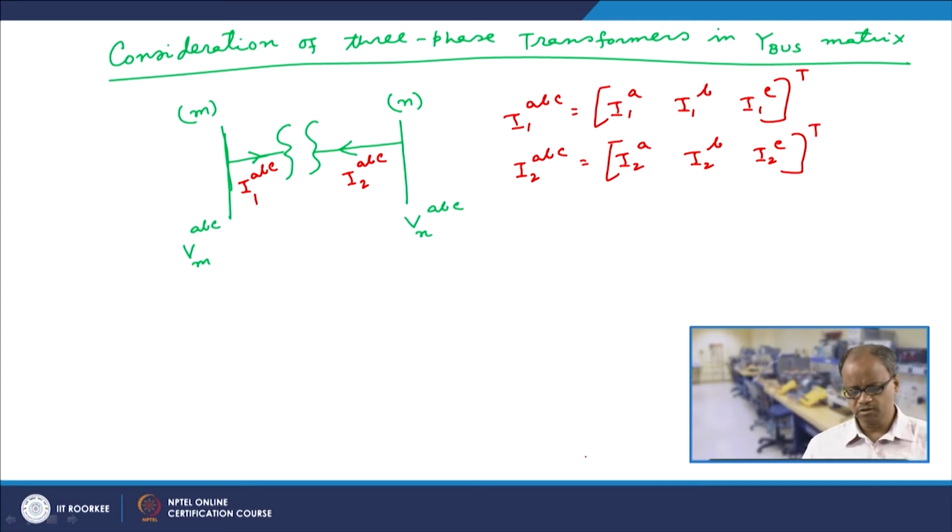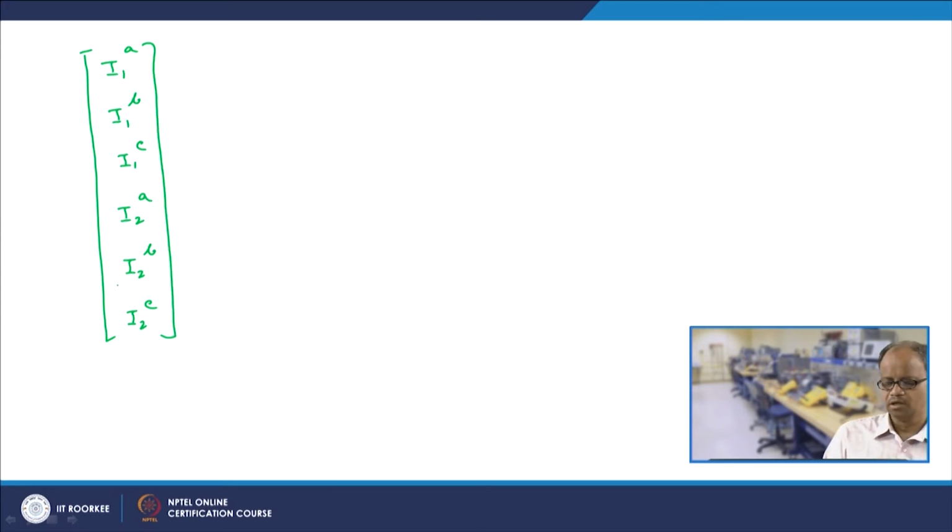So, now I have actually 6 voltage quantities. What are these 6 voltage quantities? It is VMA, VMB, VMC, VNA, VNB, VNC, and 6 current quantities I1A, I1B, I1C, I2A, I2B, I2C. So, if I write down the equation, these are the 6 current quantities. Please note that all these currents are complex currents.